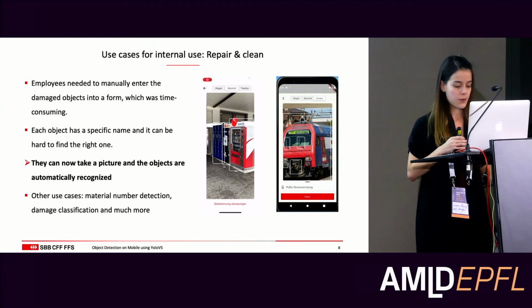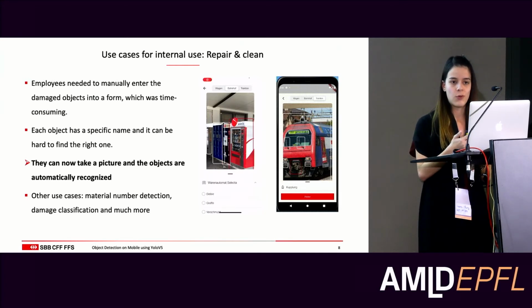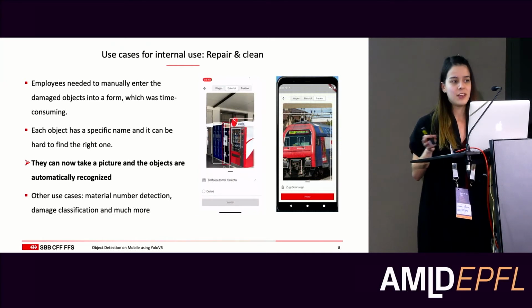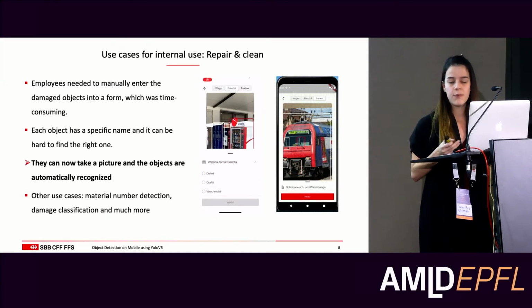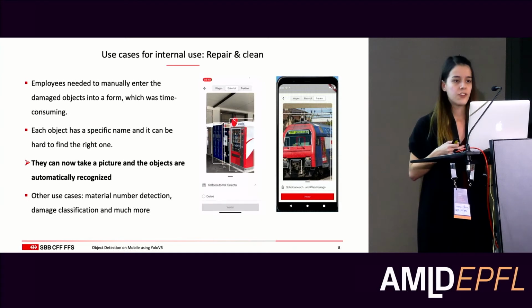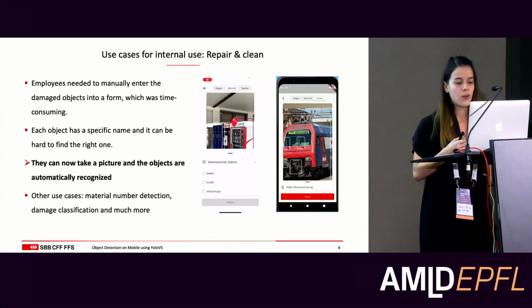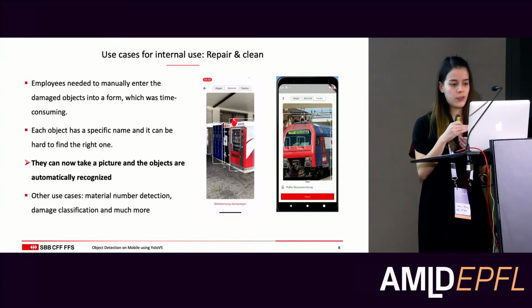The most time-consuming part is choosing which objects they actually want to report. Because we have many, many different SBB objects, some of them will have different names, such as all the kinds of displays and so on, and it would take some time for the employees to select the right one, or they would even make errors.